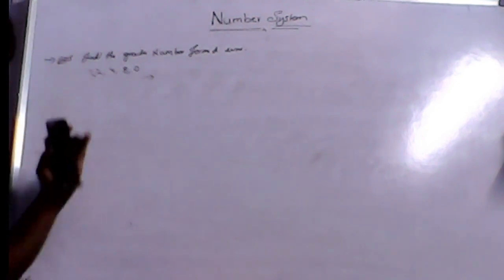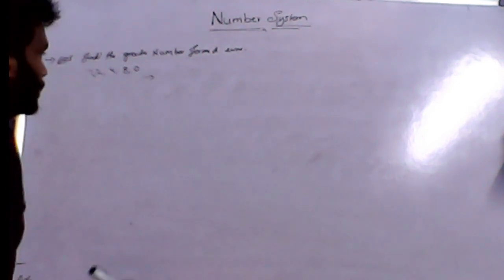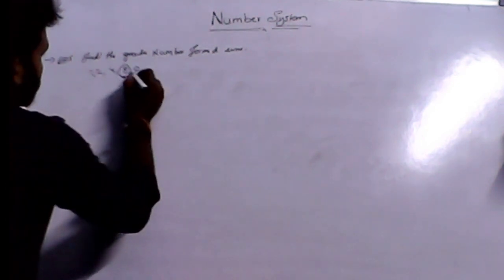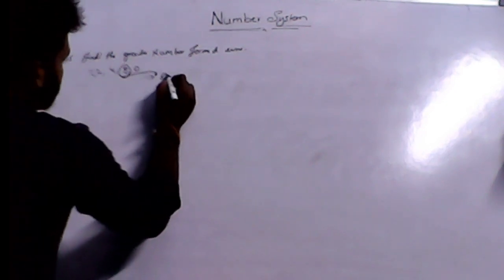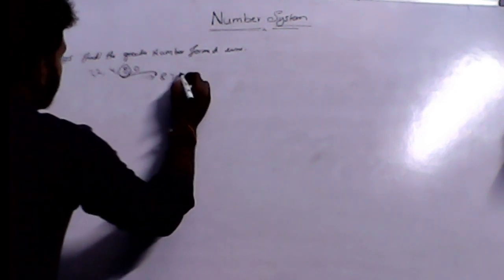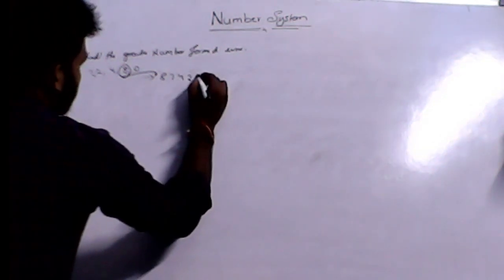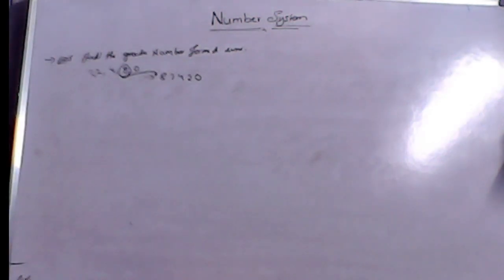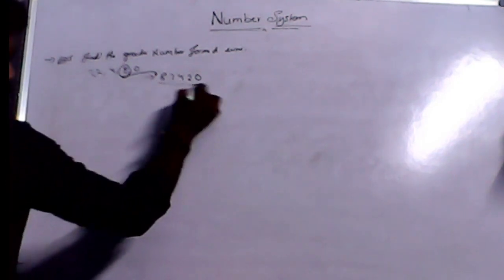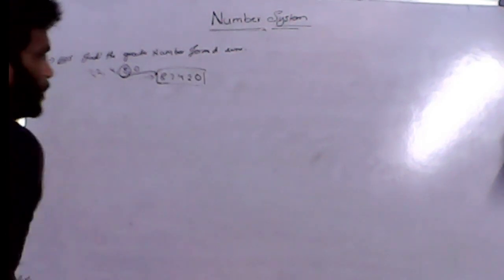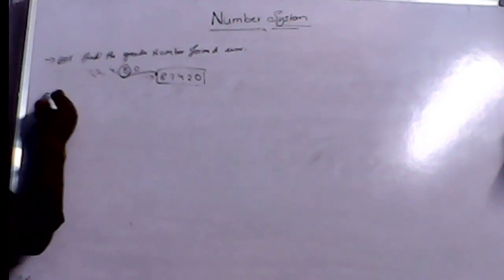To form the greatest number, we put the greatest digit in the leftmost place, then the second greatest, and so on, with the smallest digit in the last place. So the answer is 87420.